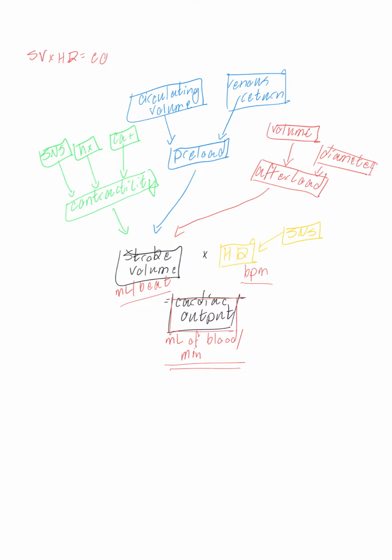There's different things that affect stroke volume and heart rate, and there's relationships between them. One thing that affects stroke volume is preload. Another way of saying preload is end diastolic volume. So if this is my heart, and there's my left ventricle, diastole is the resting phase of the heart.